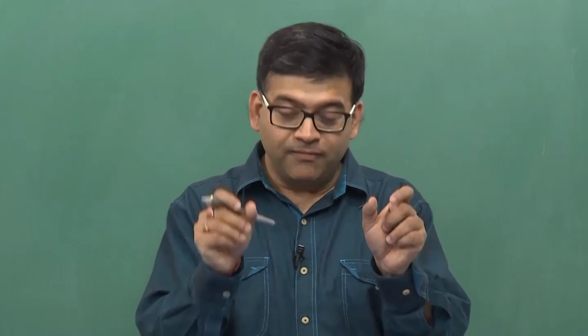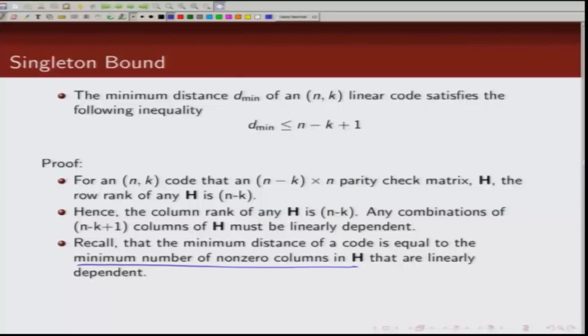If you recall, we have proved that if the minimum number of columns of the parity check matrix that add up to 0 is some number, then there exists a codeword of that weight. Now, what we have seen is that n minus k plus 1 columns of the H matrix add up to 0 because they are linearly dependent. Why?